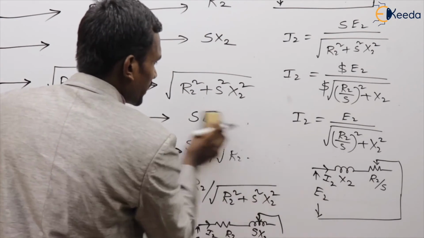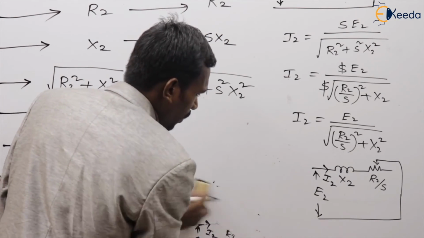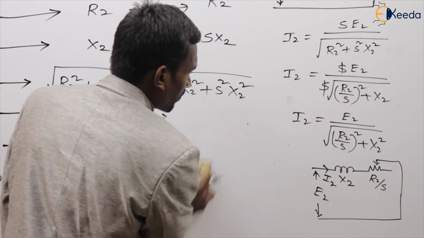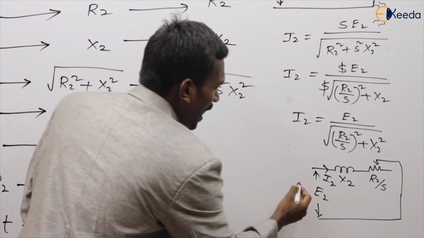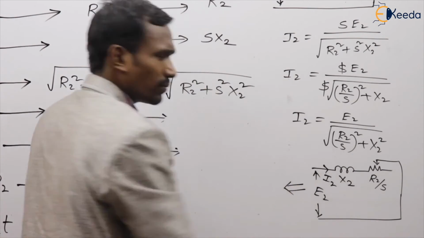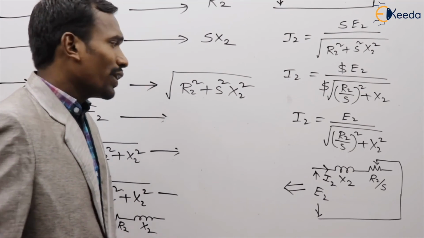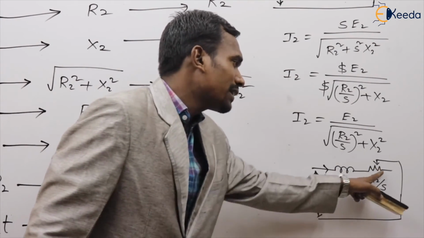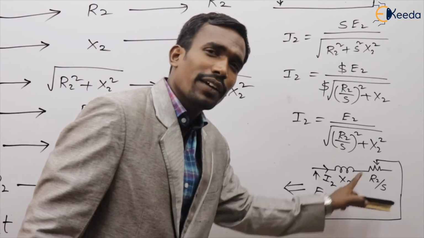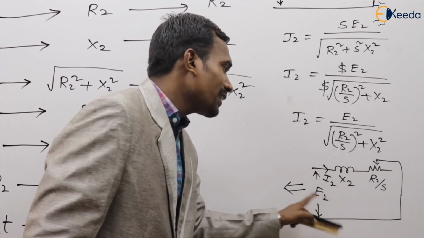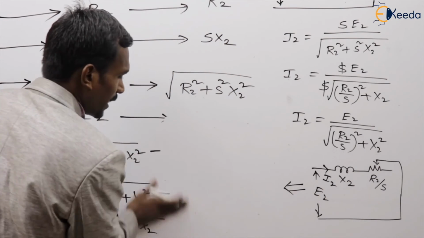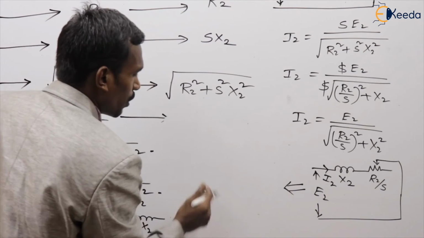Now I'm writing another equivalent circuit, without any variables in the winding. Let's see how the circuit looks.